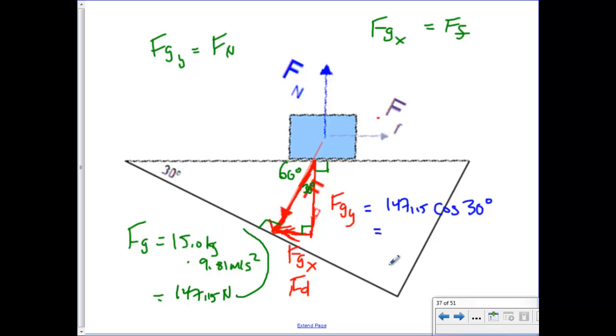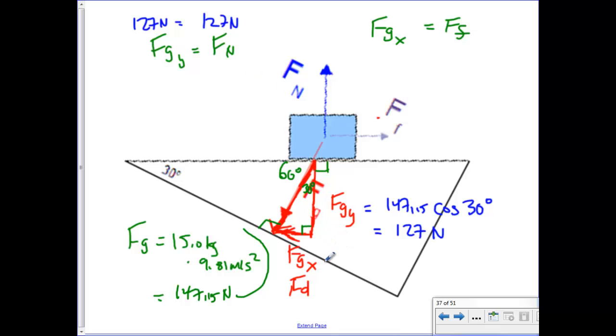Good point, Raj. Times cos 30, so this would have been 127 newtons basically. So it's getting pulled into the middle at 127 newtons, which would also be the normal force. So both of these guys would have been 127 newtons.